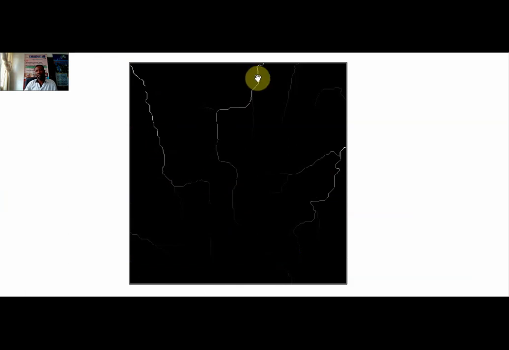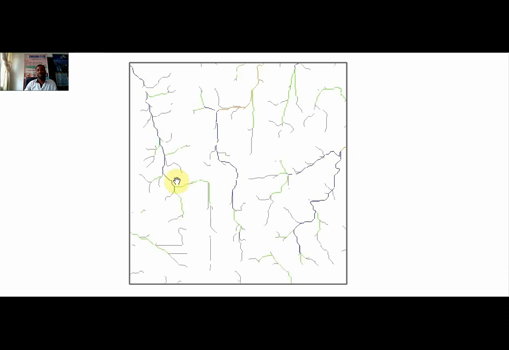We also need to understand that streams have order, as the case may be in your project location. So the next step is to look at our stream order. From the accumulation, we're able to get our stream order. This is the stream order.